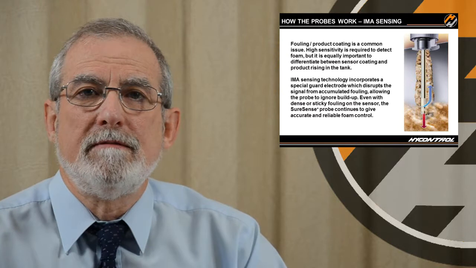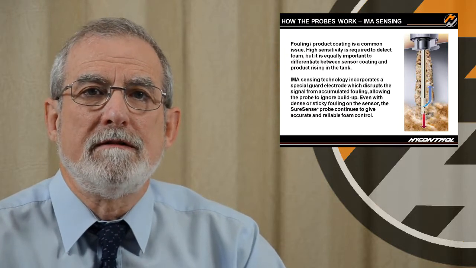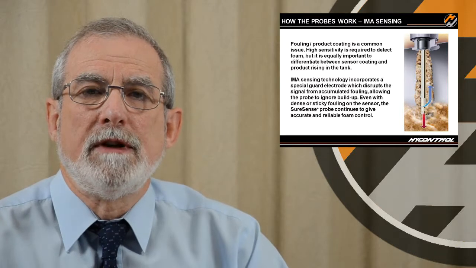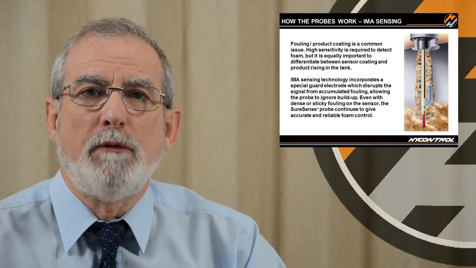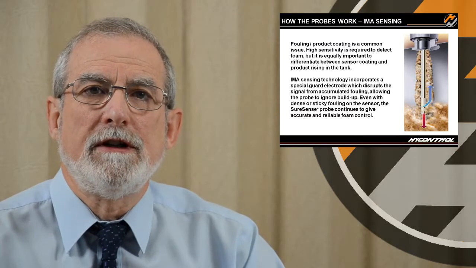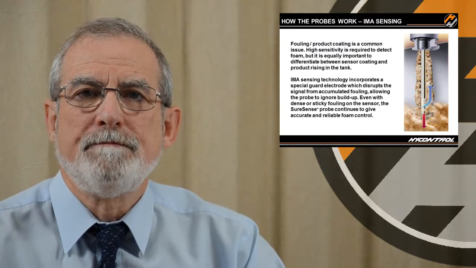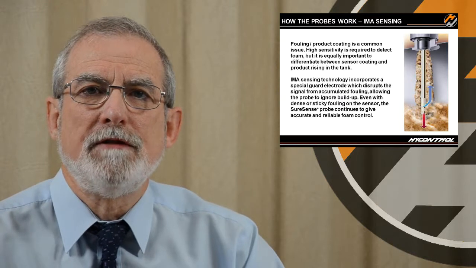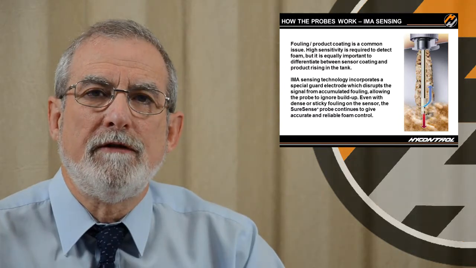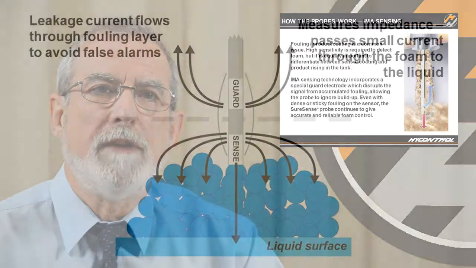It works by using two sensors. We have one electrode in the probe which actually measures the foam, and we have another one mounted above it, usually called a guard electrode, and that's used to measure the fouling. By doing those two measurements, we can distinguish the foam from the build-up of material or fouling.